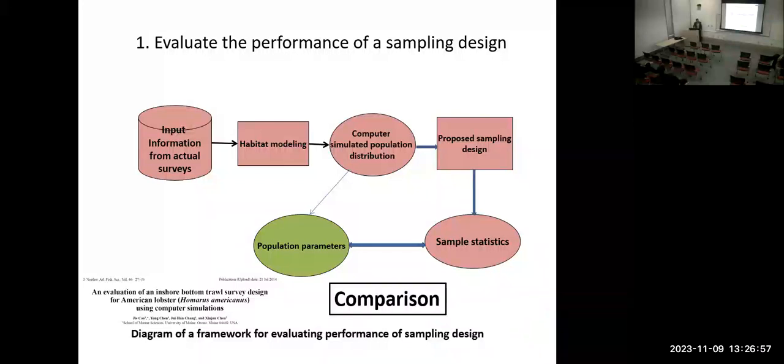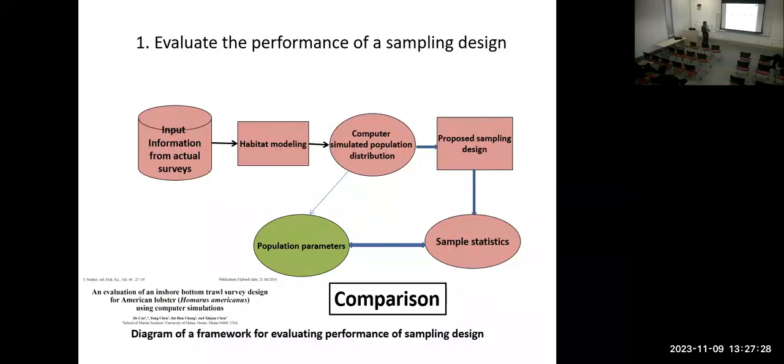The first case study is about how we can evaluate the performance of the sampling design. The simulation starts from actual survey data. People usually run a survey extensively for a few years and collect the data. With this data we can do habitat modeling, and with habitat modeling we can simulate fish population distributions.